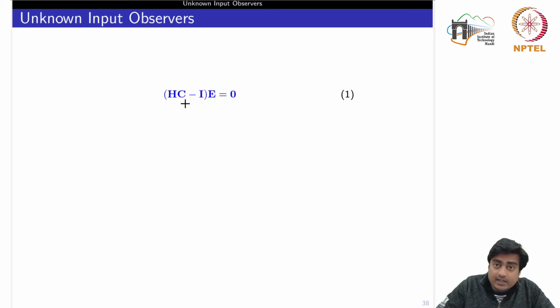So first of all, we'll take the first equation, which is HC minus I, where I is an identity matrix, by the way, HC minus I times E equal to 0. First we will see whether the solution of this equation exists and what the solution would be.